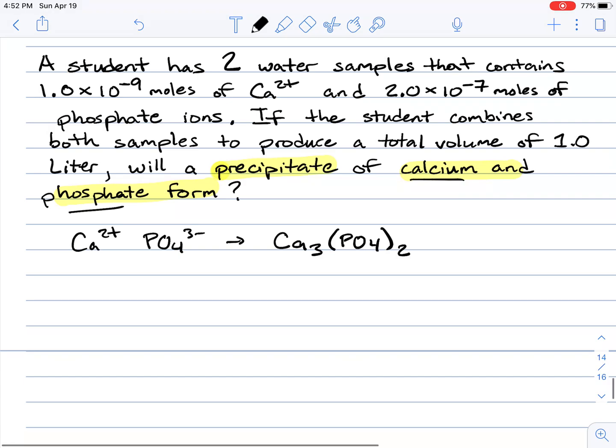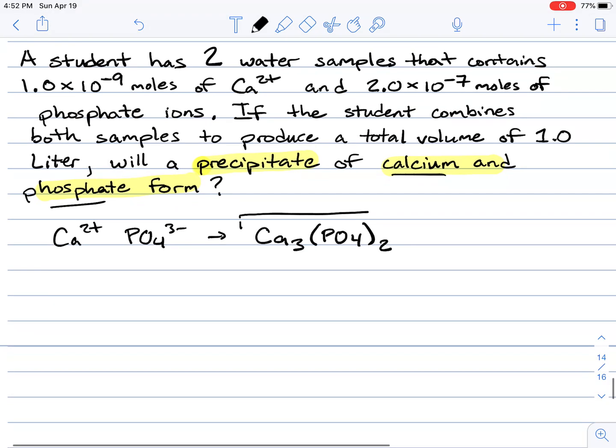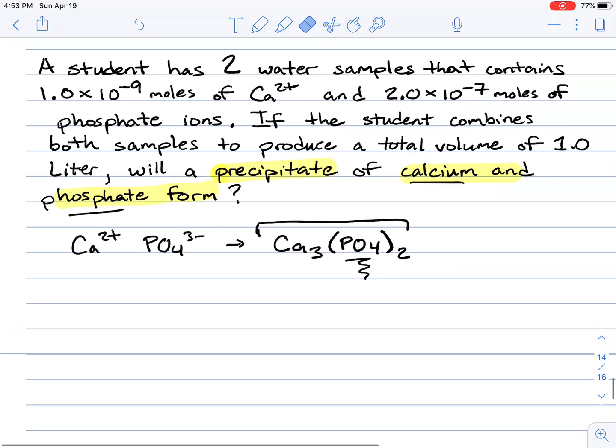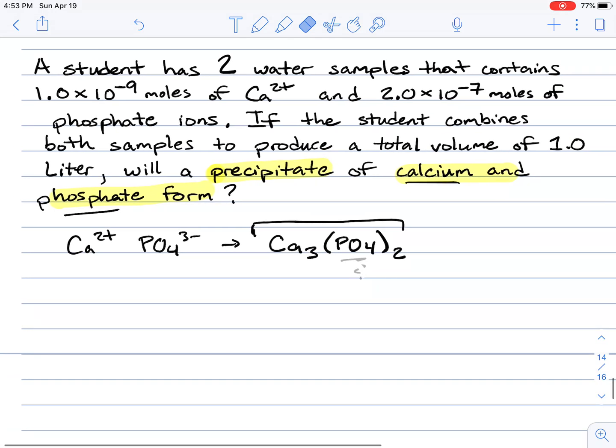And if you look at this substance in your solubility rules, phosphates are naturally insoluble, and calcium is not an exception to its solubility. And so we can predict that calcium phosphate could be our precipitate.